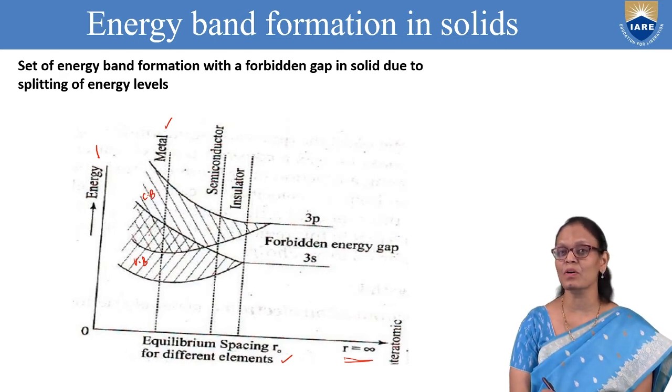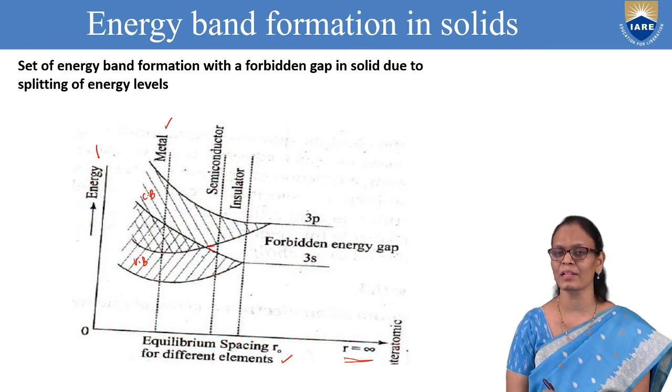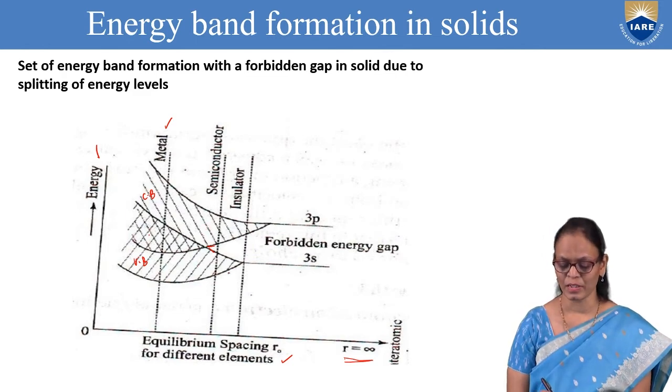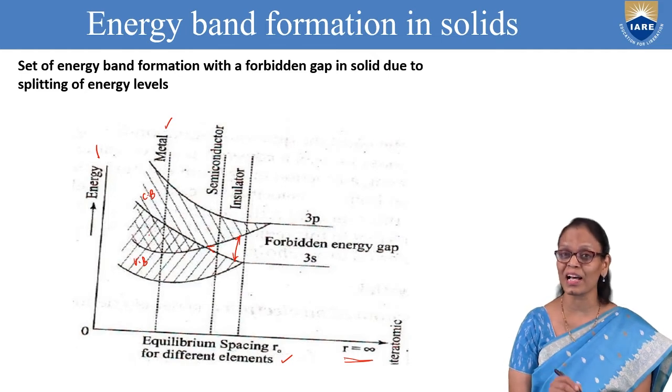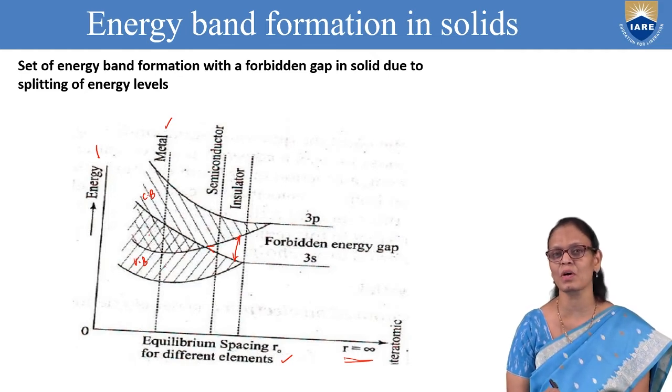In semiconductors, which are partially conducting, there may be a small gap between the valence band and the conduction band. But in insulators, this gap between the valence band and conduction band is very big.